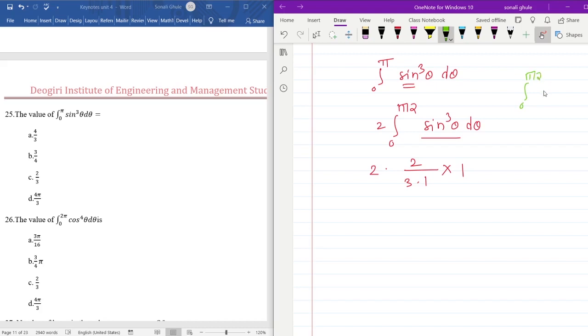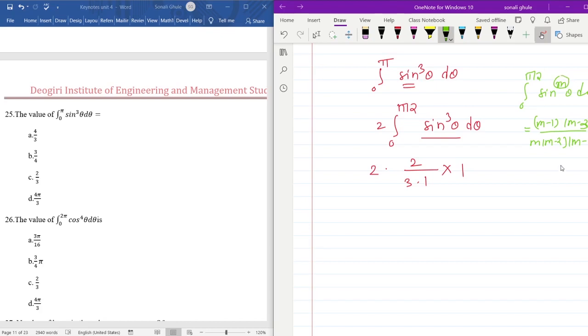Integration 0 to pi by 2 sin raised to m theta d theta. The formula we saw in the beginning: m-1, m-2, continue, divided by m into m-2, m-4, continue into k. And now value for k depends on this value of m.